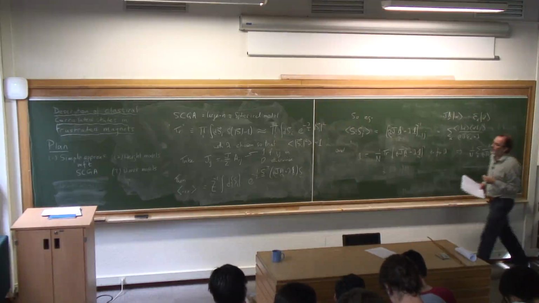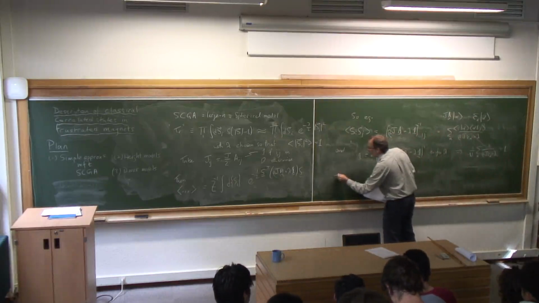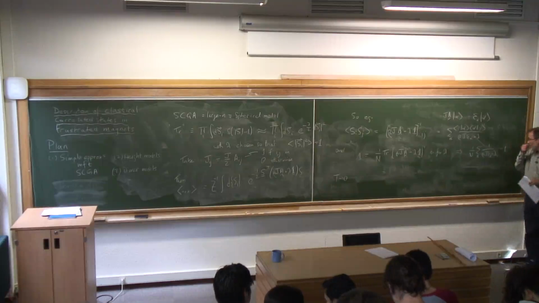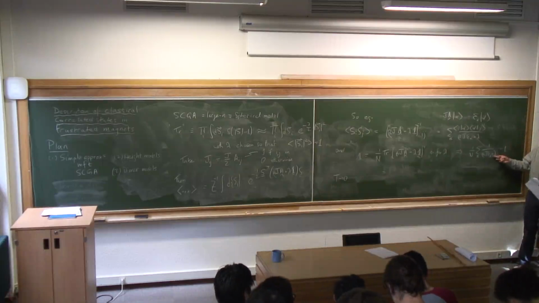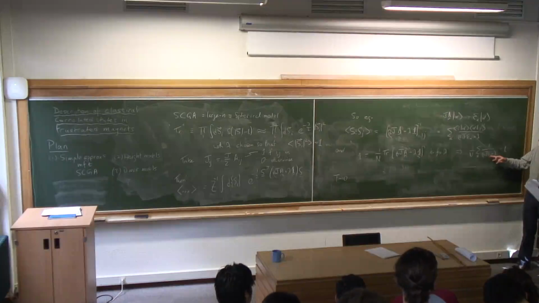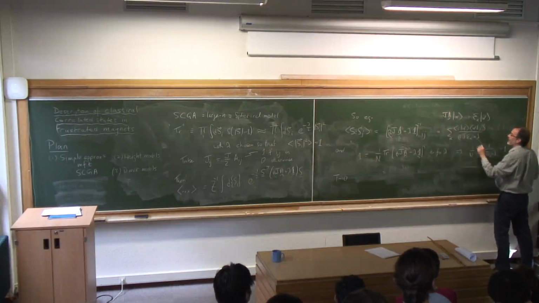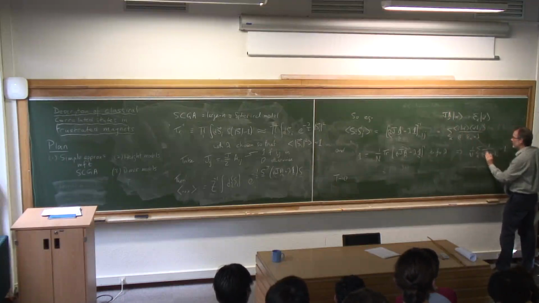Okay, so now if you think about the low temperature limit, when beta J is very large, sorry, I've got an inconsistency here. All right, I'll leave the J in there and take it out.